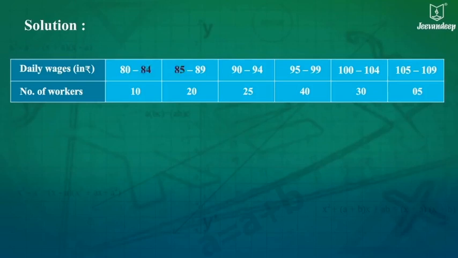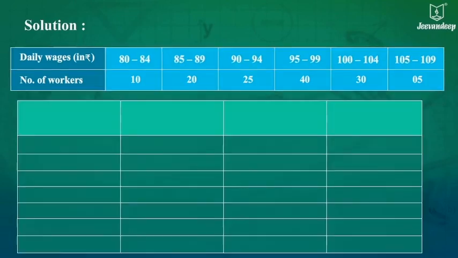As the given class intervals are not continuous, that is inclusive type, the table should have 4 columns.